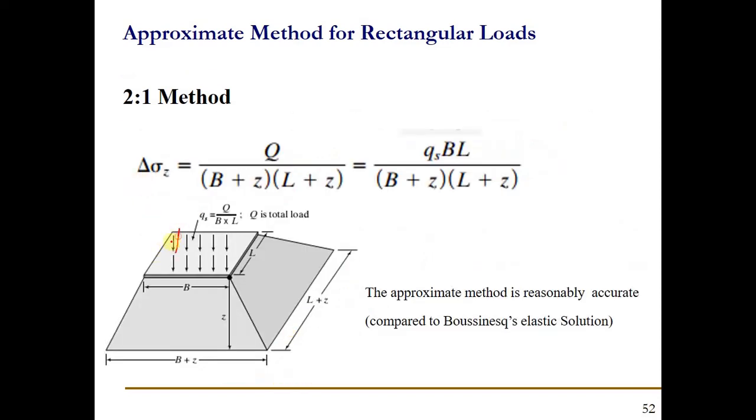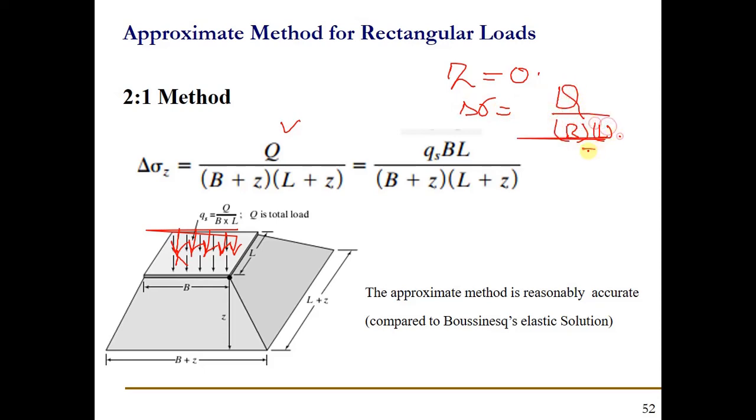Now this is the load which is exerted onto the surface, and at the surface, as you can clearly see, Z is equal to 0, delta sigma is equal to Q divided by area. Okay, so Q by A will be equal to the delta sigma.